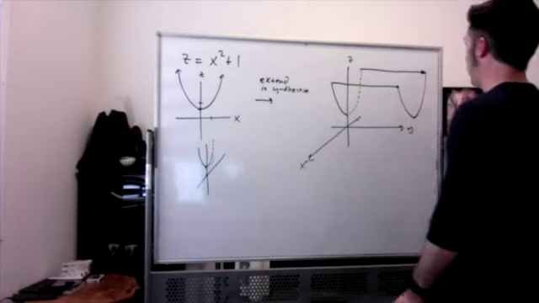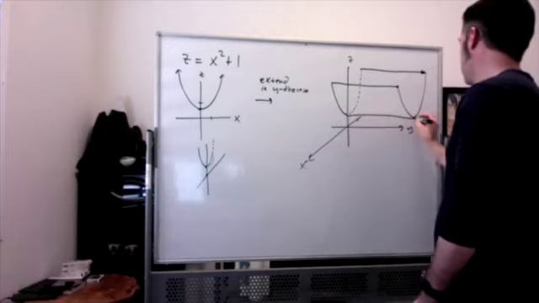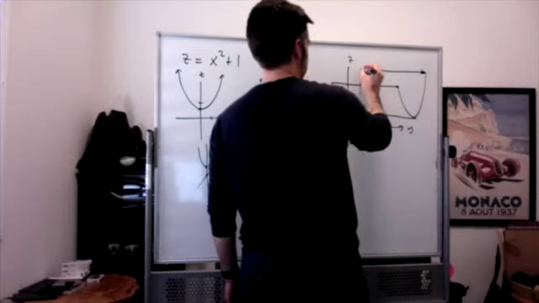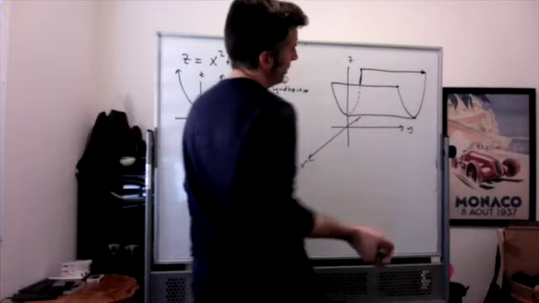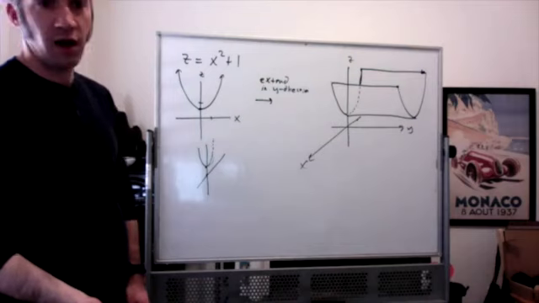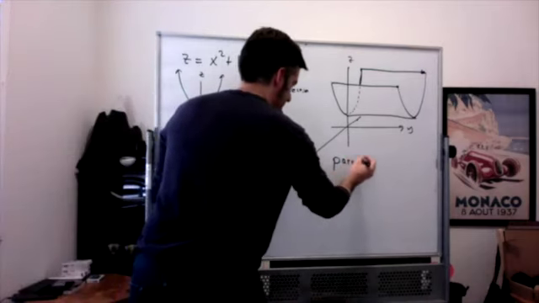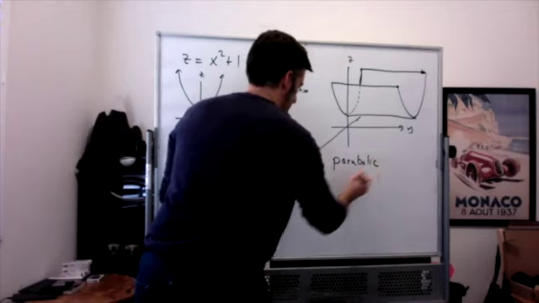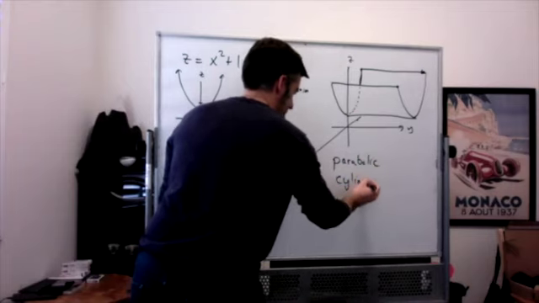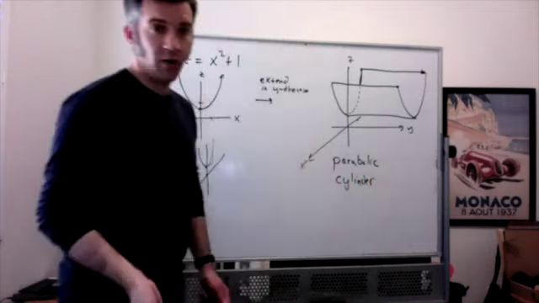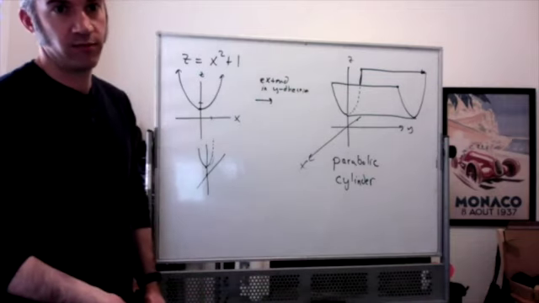And then we connect this up like this. We fill this in because it's not being blocked off. And there is your parabolic cylinder.